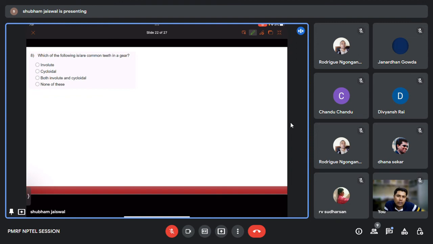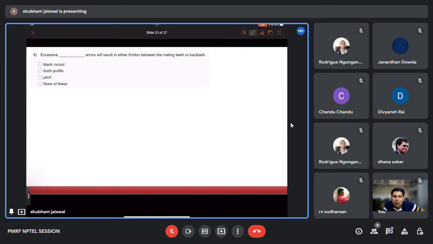So the options given are the types of the profile in the gear. So we can see the gears with the involute profile and cycloidal profile. So the correct answer will be both involute and cycloidal.